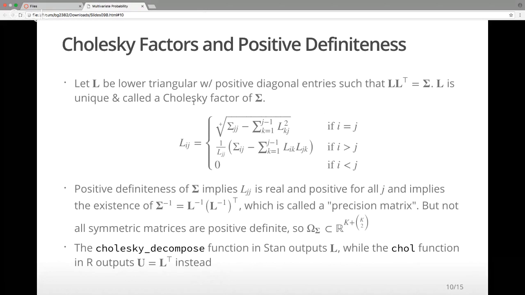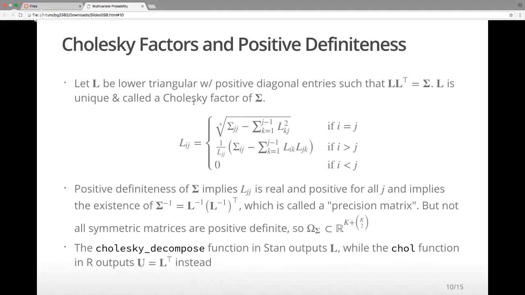I think I know how to pronounce Cholesky. This one is Russian. But like a lot of Russian names, they spell it 4 or 5 different ways when it's translated into English. And so you'll see this guy's name spelled a bunch of different ways. Anyway, L is known as a Cholesky factor of sigma.